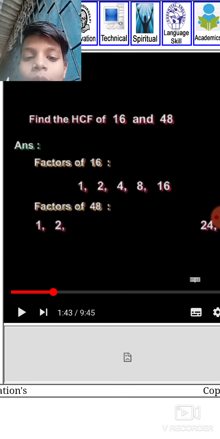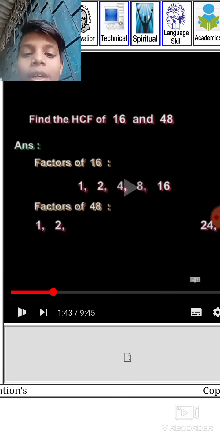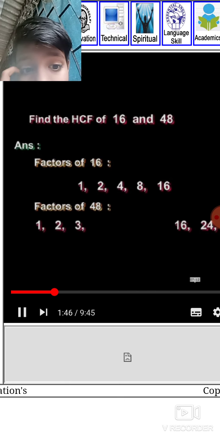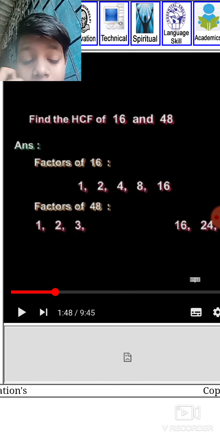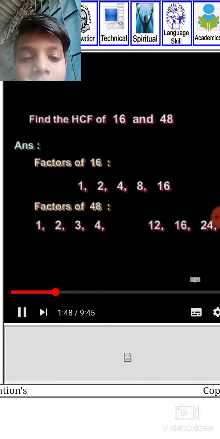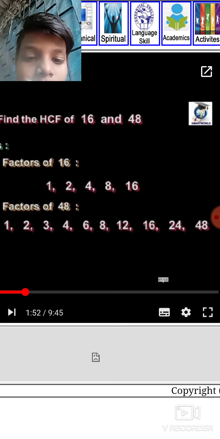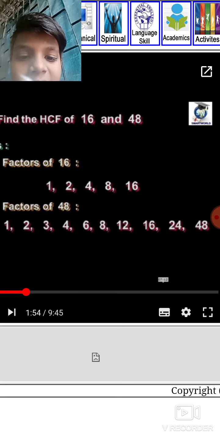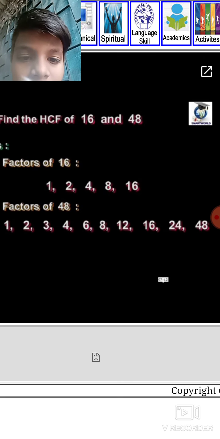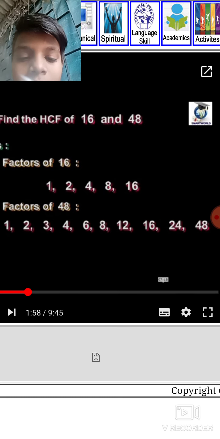Then factors of 48: 1 and 48, 2 and 24, 3 and 16, 4 and 12, 6 and 8. Then again 8 and 6, so we'll write down only 6 and 8.